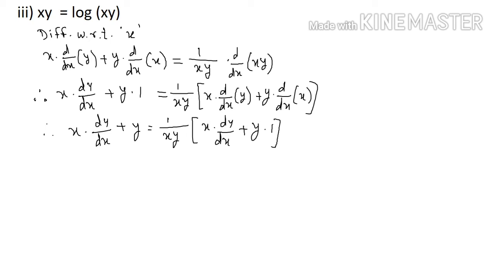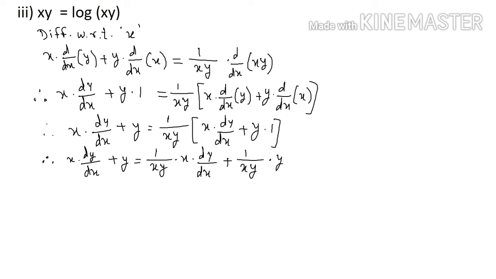Now let us multiply this 1 upon xy to each term in the bracket. So you get, therefore, x into dy by dx plus y is equal to 1 upon xy into x into dy by dx plus 1 upon xy into y. So now you can cut this x and x here and you can cut y and y on this side.